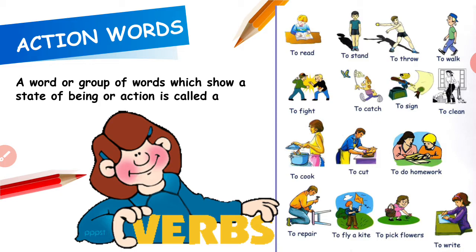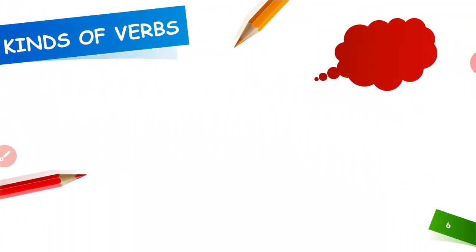As you can see: to read, to stand, to throw, to walk, to fight, to catch, to sing, to clean, to cook, to cut, to do homework, to repair, to fly a kite, to pick flowers, to write. All these action or doing words are called verbs.